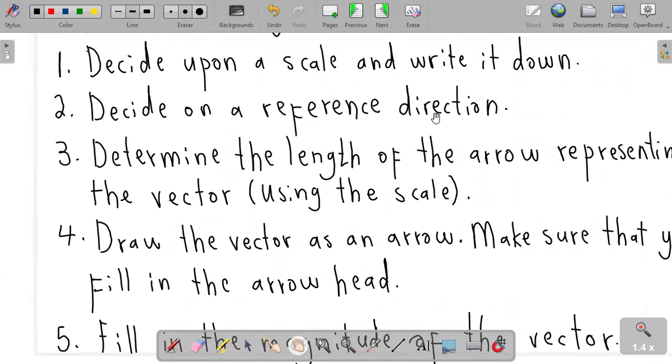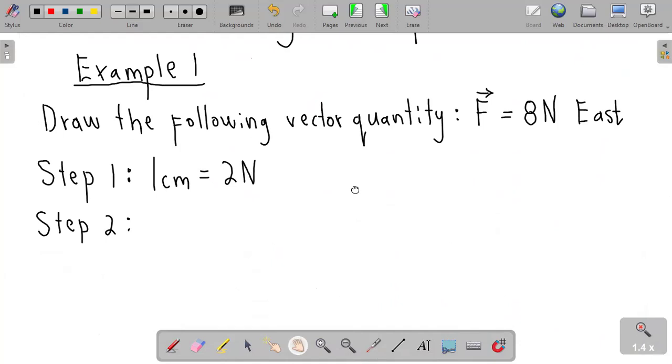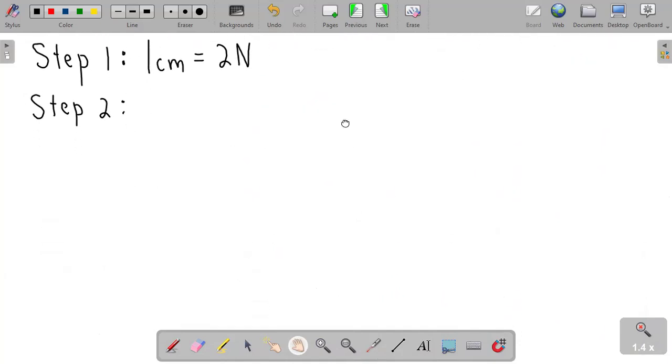Decide on a reference direction. Okay. So our reference direction here, and then our reference direction. North will point this, so don't say north. Okay.